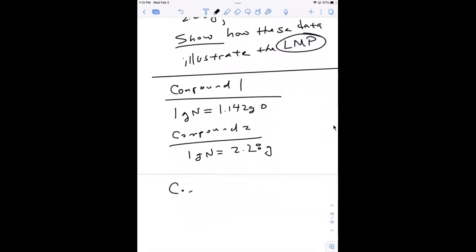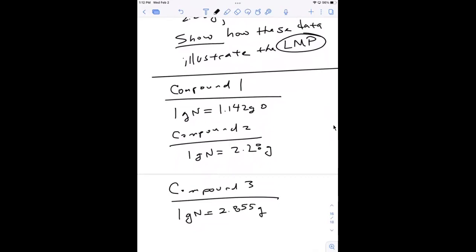And then here, compound 3 is the ratio of the masses of nitrogen to oxygen is 1 gram of nitrogen, and then 2.855 grams of oxygen.